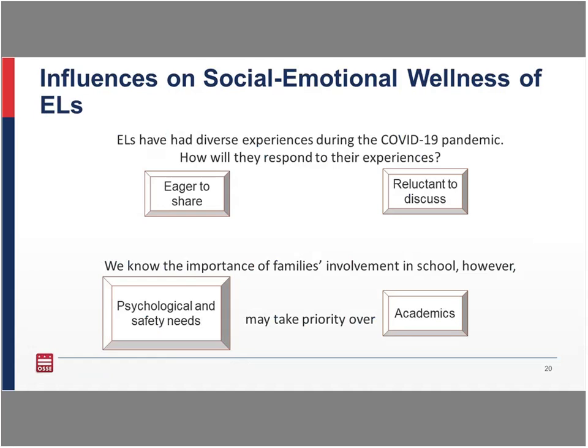Do know that the psychological and safety needs of students and their families may have to take priority over academics. And again, we do see in the news, in research, that social emotional wellness may need to be a focus in school, in the school setting.